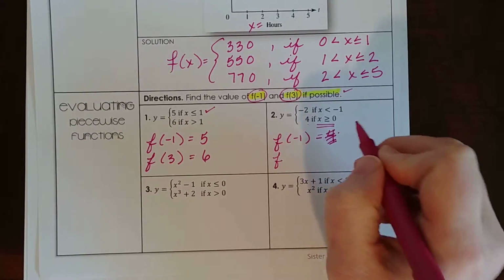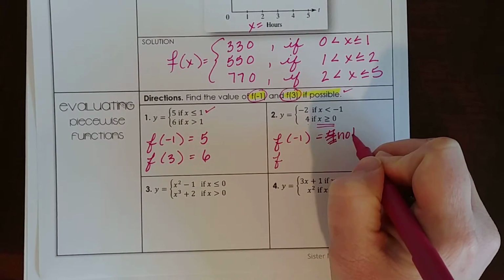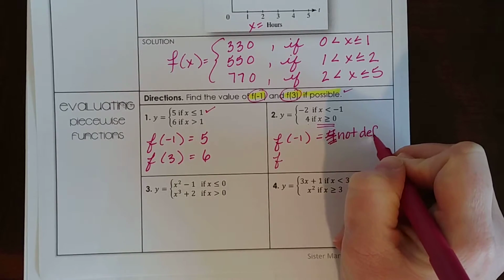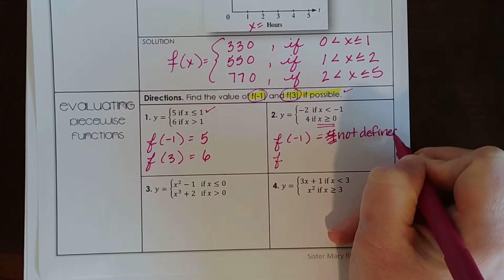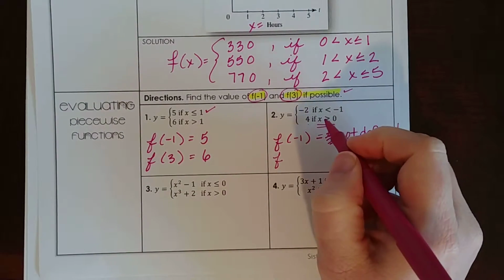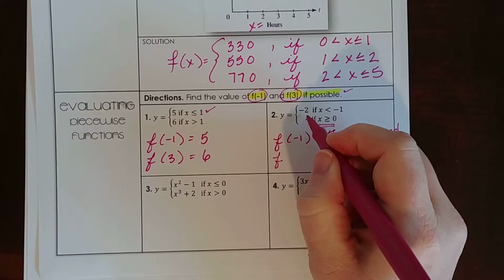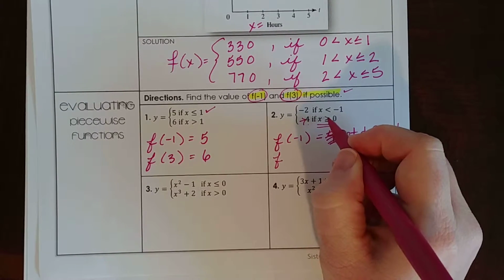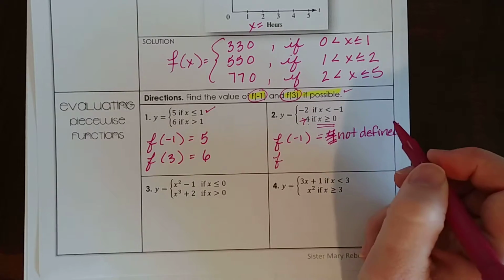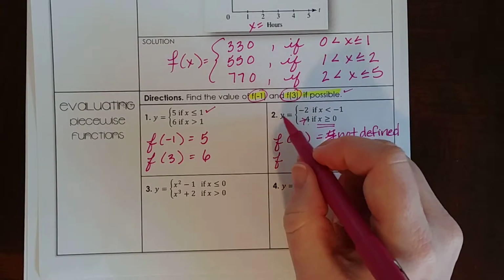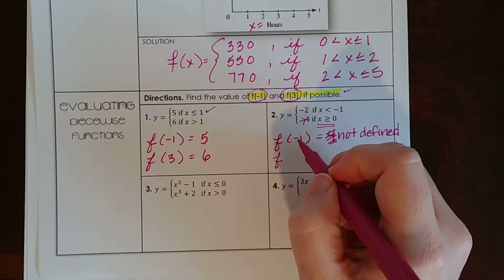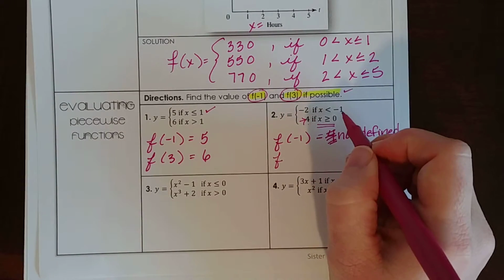This is not defined, or no solution. I'm seeing this now, because this is defined as 4, but only if x is greater than or equal to 0. There is no definition for f of x when x is equal to -1.